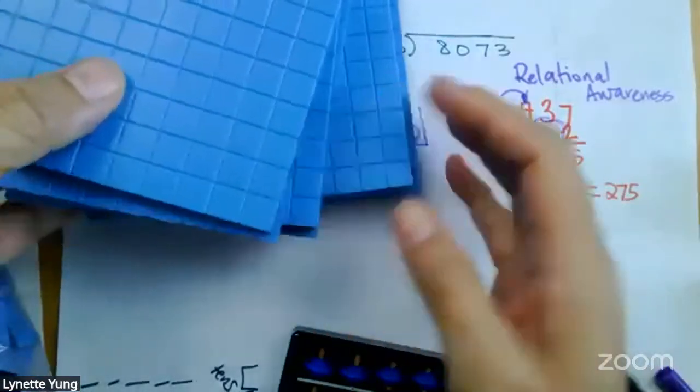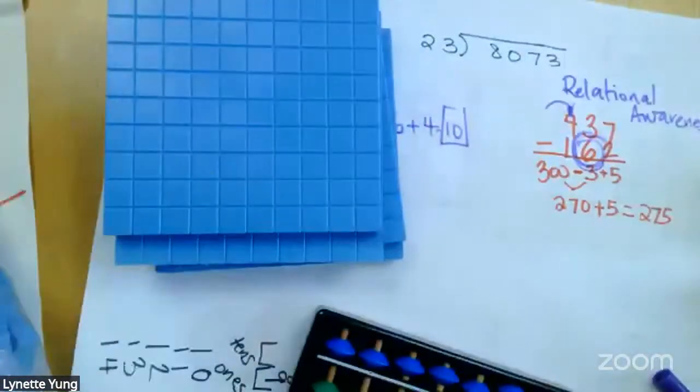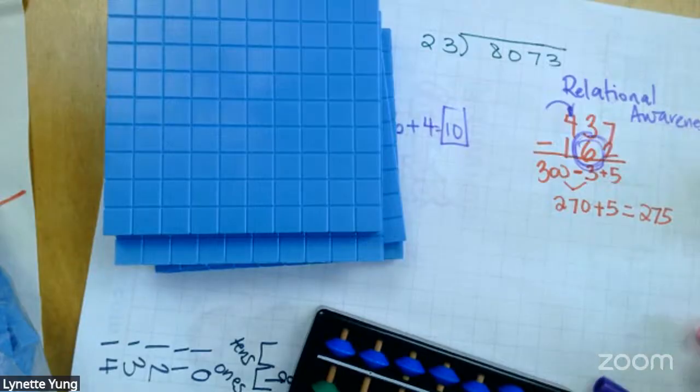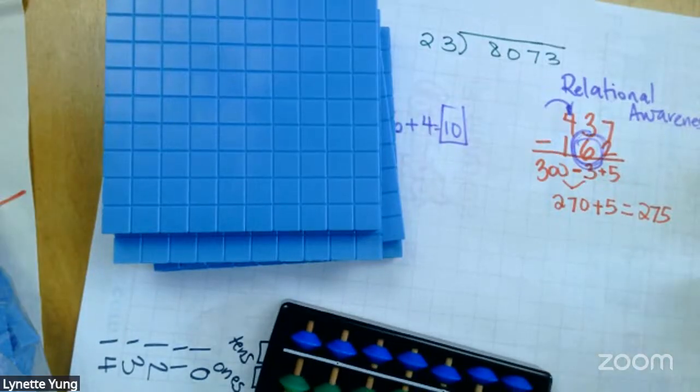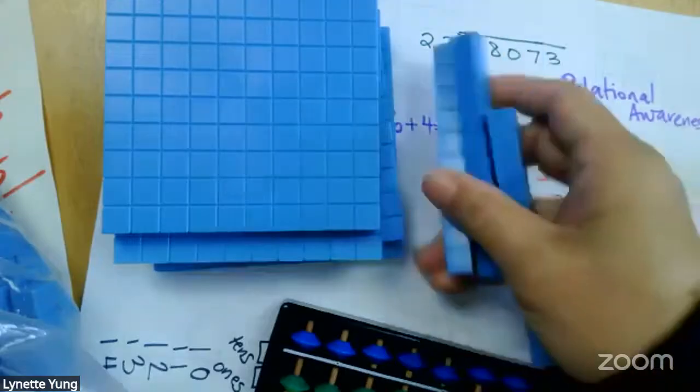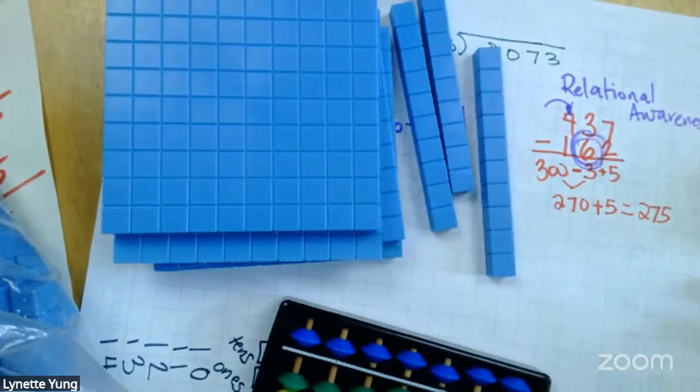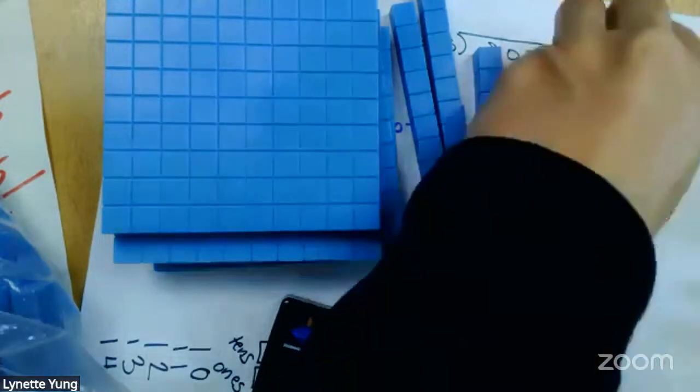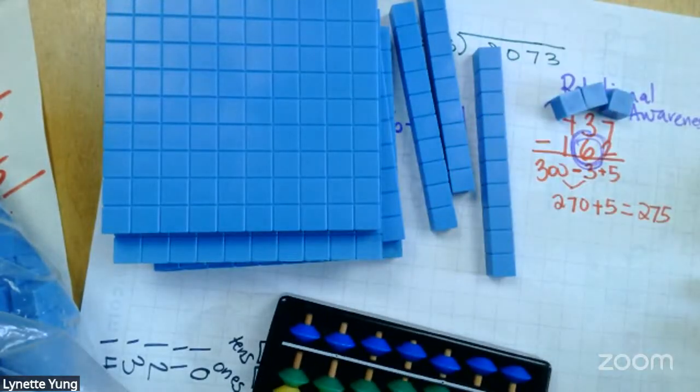One, two, three, 4. We have 3, 1, 2, 3, and 7.